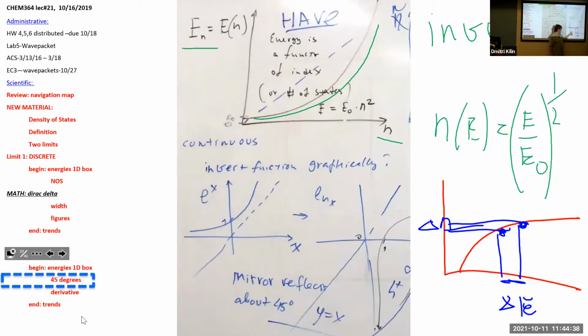When the slope is big, density of states will be higher, which means they are denser. When the slope is small, it means they're sparser. Better?